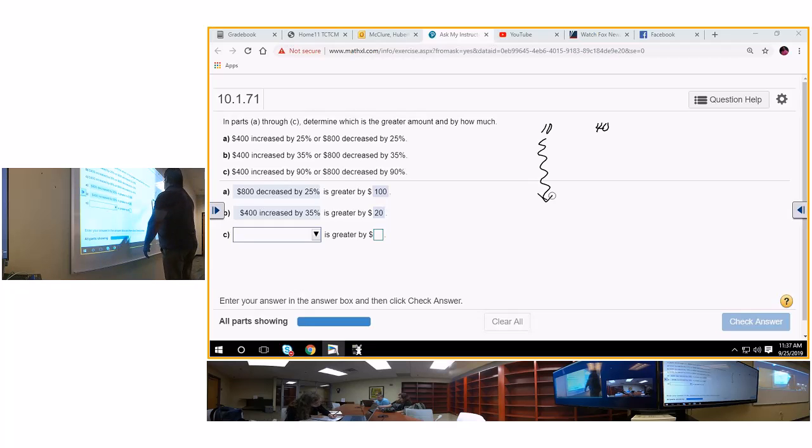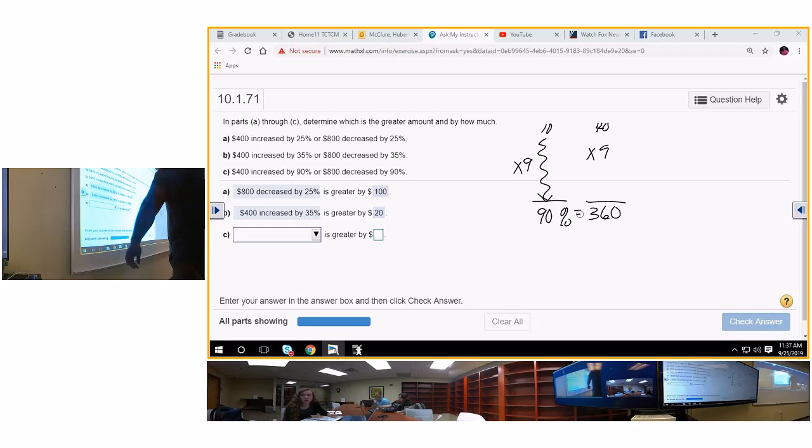Multiply by 9 to get 90. So 90% of 400 is 360. All right, 5% is what? 20. So now you can do 35%. What does it say? 90? Okay, we don't need 5% on this one.